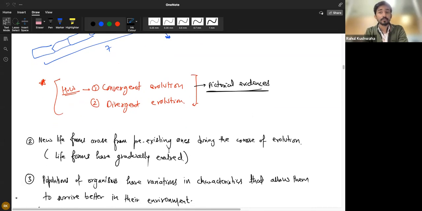But then we needed proof. In science, you have some idea, and to test that idea, you gather evidences that support that hypothesis. Or if your hypothesis is not correct, you will also get evidences that refute that idea.